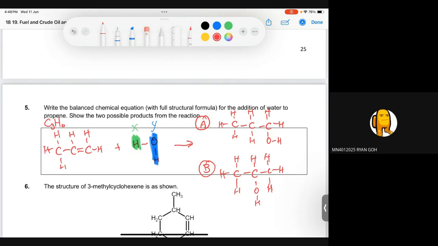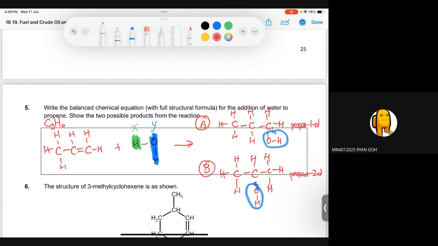So what's the name of the products? The difference lies in the position of this fella. This first one is added to the third carbon, which if you reverse is the same as the first carbon. So this is known as propan-1-ol. This guy here is known as propan-2-ol, because of the position of the alcohol functional group.